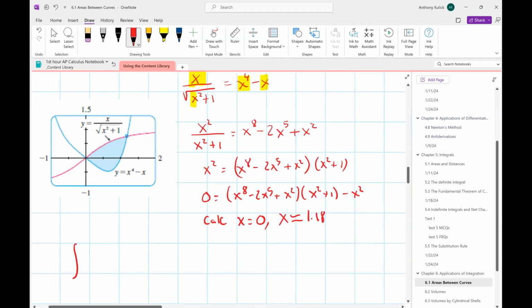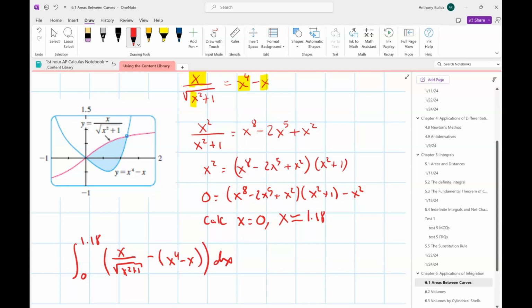So, integral 0 to 1.18 of x minus square root of x squared plus 1 minus x to the fourth minus x dx. And yes, to solve that, I graphed it, found the intersection. Probably from the get-go. Because looking at that, like, yuck, already didn't look like one that was going to be fun to do algebraically.